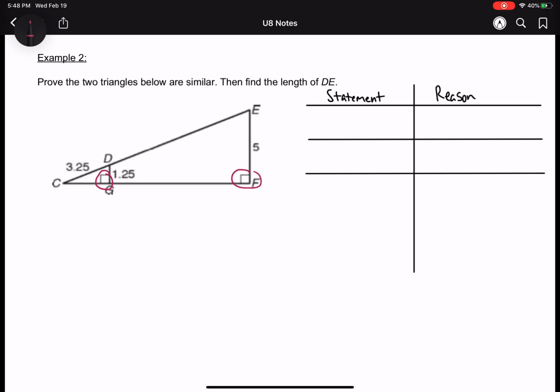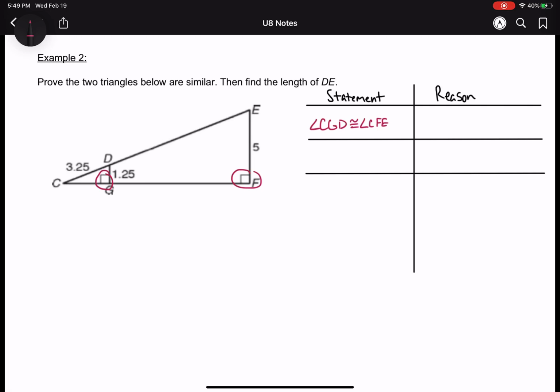So my first line is going to say angle CGD is congruent to angle CFE. I know that because it is given, but I also know that because of the definition of a right angle. Whichever reason you choose to use in this proof will be fine.